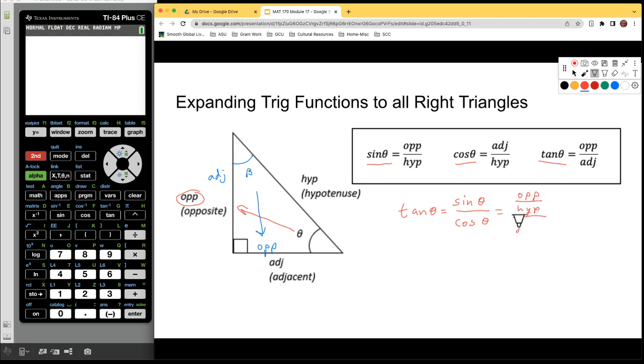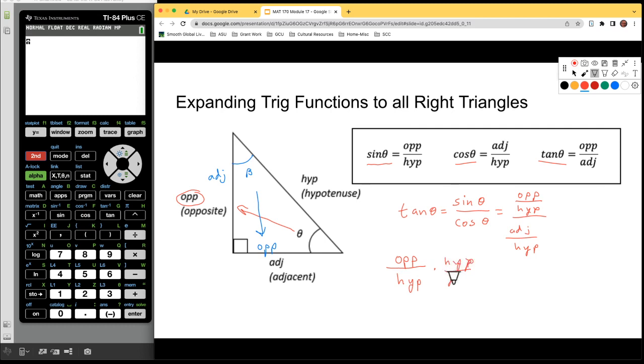Cosine is adjacent over hypotenuse. And what happens is when you take a fraction and you're dividing it, you flip it and multiply.